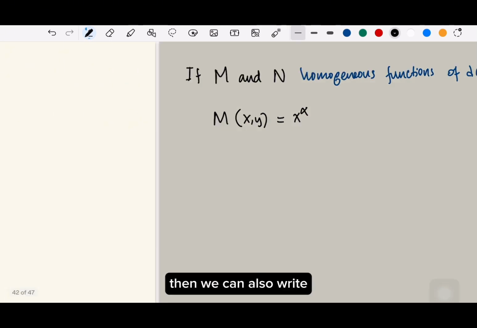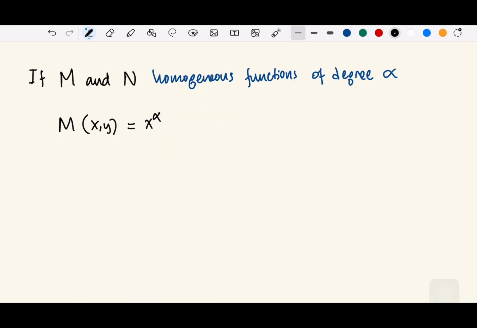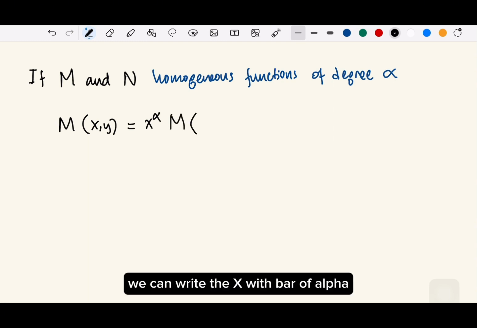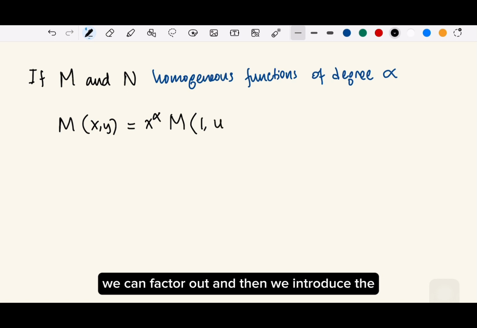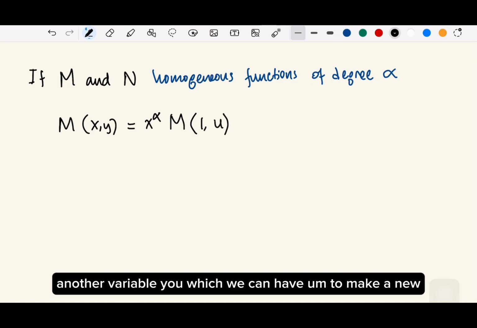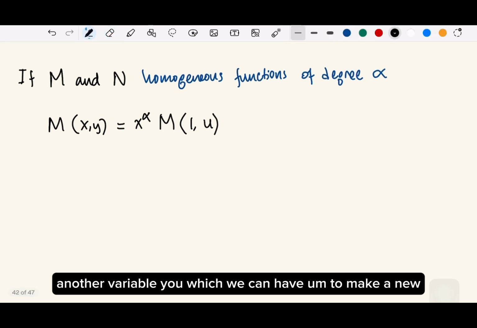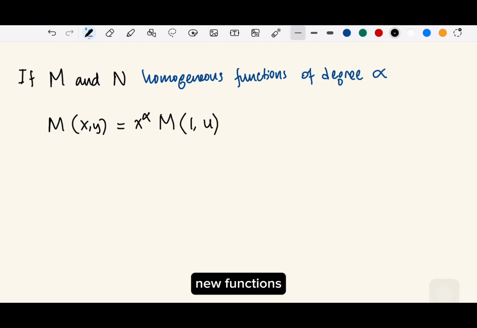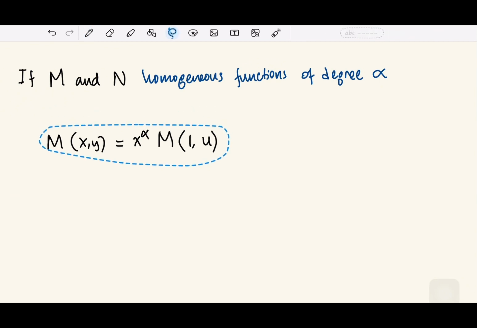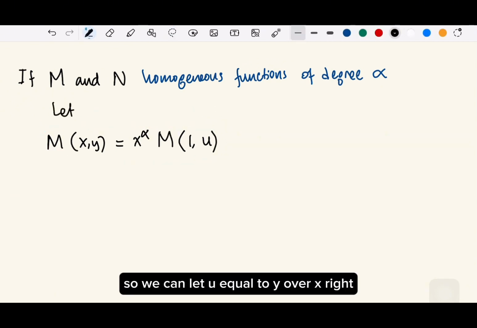If M and N are homogeneous of the same degree, then we can factor out x with the power of alpha, and introduce another variable u to make a new function. We can let u equal y over x.